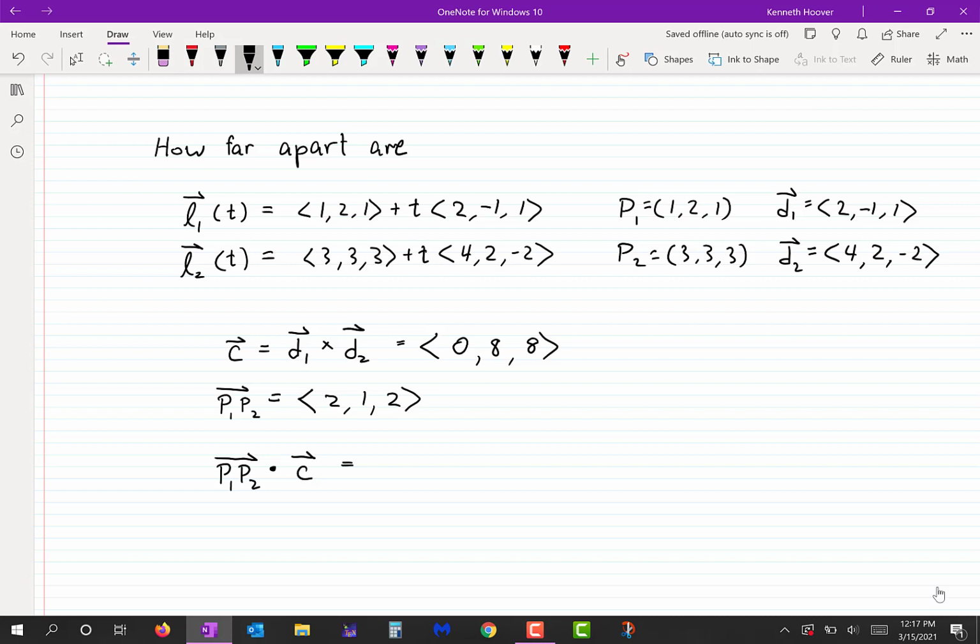I was thinking magnitude. So the dot product is going to be 2 times 0, plus 1 times 8, plus 2 times 8. And what's that equal? 24.